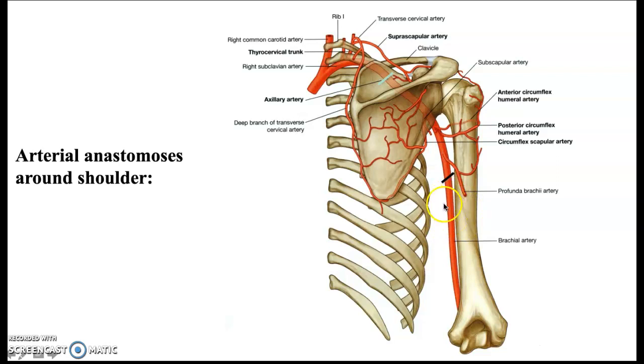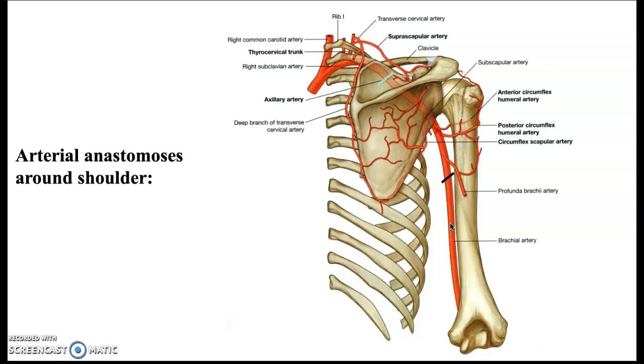So that's why, in the blockage before, you have enough collateral pathways or bypass pathways so that blood can still flow beyond the blockage. But if you have a blockage around here, because of the absence of collateral networks, enough blood cannot flow distal to this blockage. Okay, so that is an important factor.